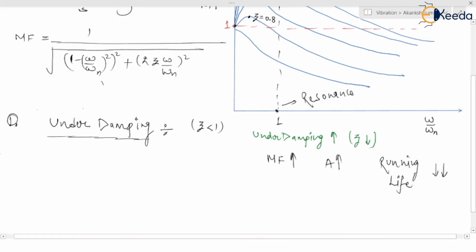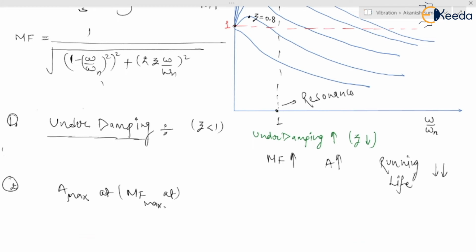Now the second case I am going to consider. We have to calculate the maximum amplitude value. See here, maximum amplitude means it would be at the maximum value of magnification factor. Yes or no? Because both are directly proportional to each other, and we are drawing the graph between magnification factor and the ratio of omega by omega n.